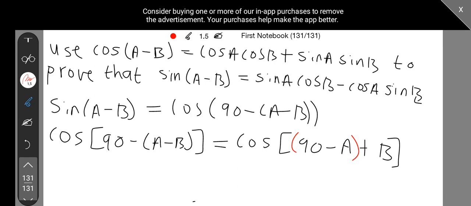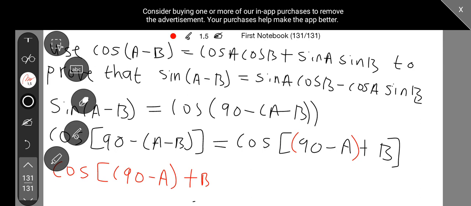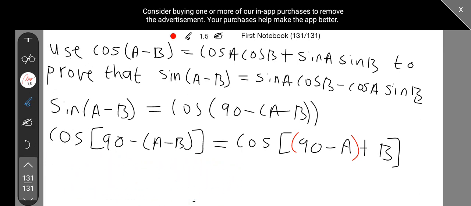Here we have cosine of (90 − A) plus B. I don't think I'll have enough space, so let me try to squeeze them. So I'm going to say that it's cos(90 − A + B). That is equal to, remember, this identity is for cos.